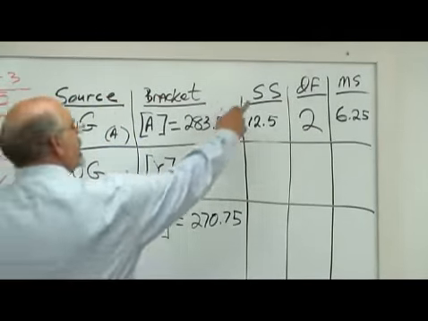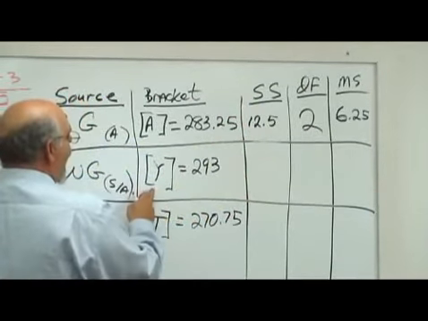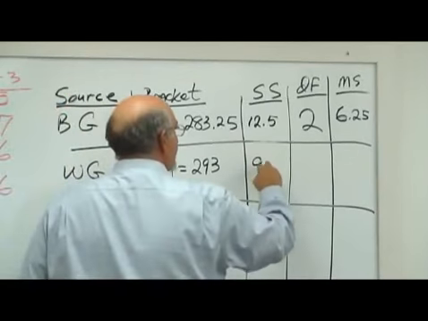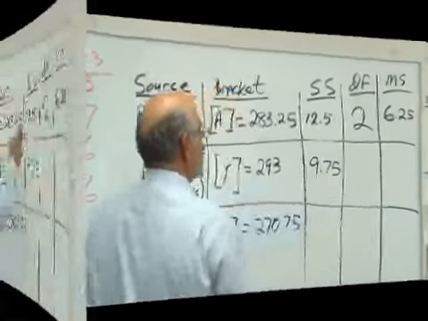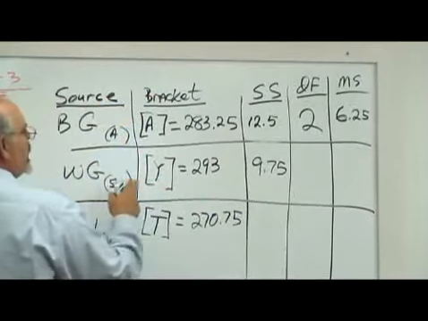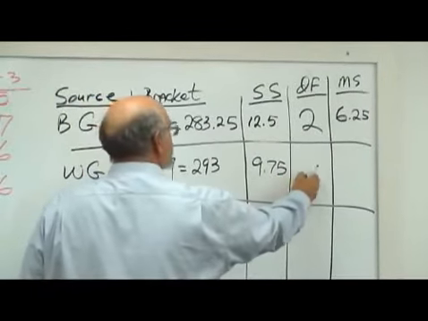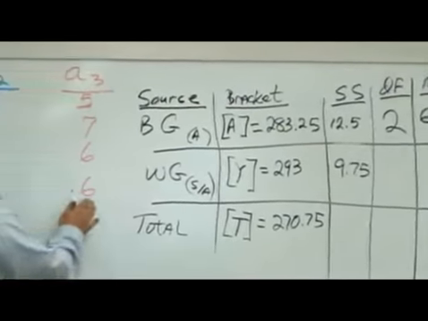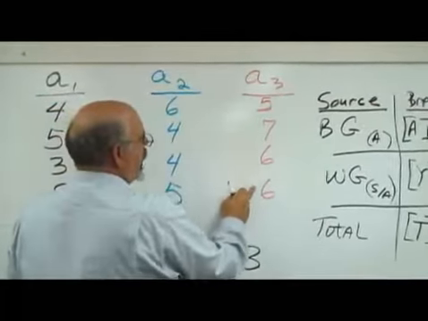The within group sum of squares is Y minus A. That looks like 9.75. The degrees of freedom for the within group is A times n minus 1. A is 1, 2, 3. N minus 1. N is the number per group.